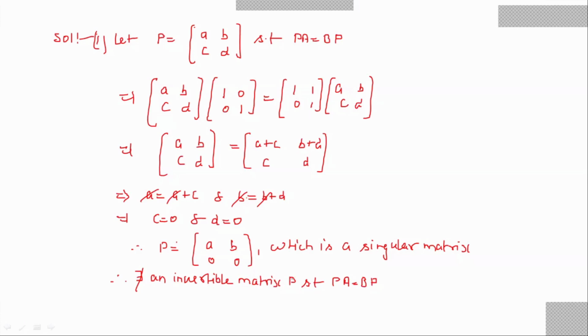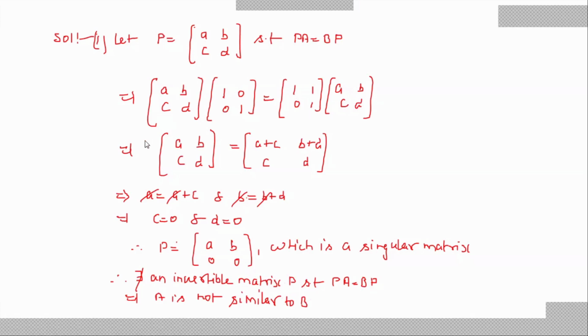So what does this imply? A is not similar to B matrix. Got it? Is there any doubt?